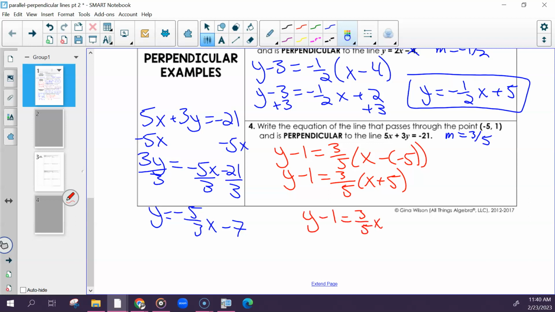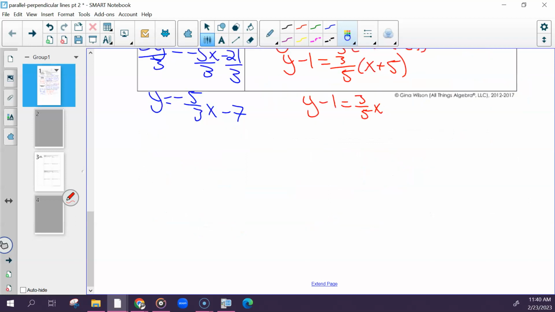When you multiply 3/5 times 5, what do we get? 3. And then add 1 to both sides.